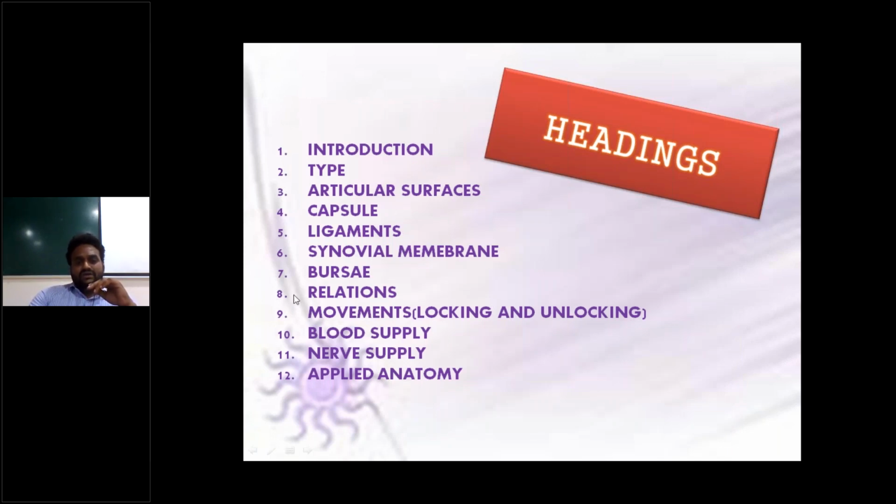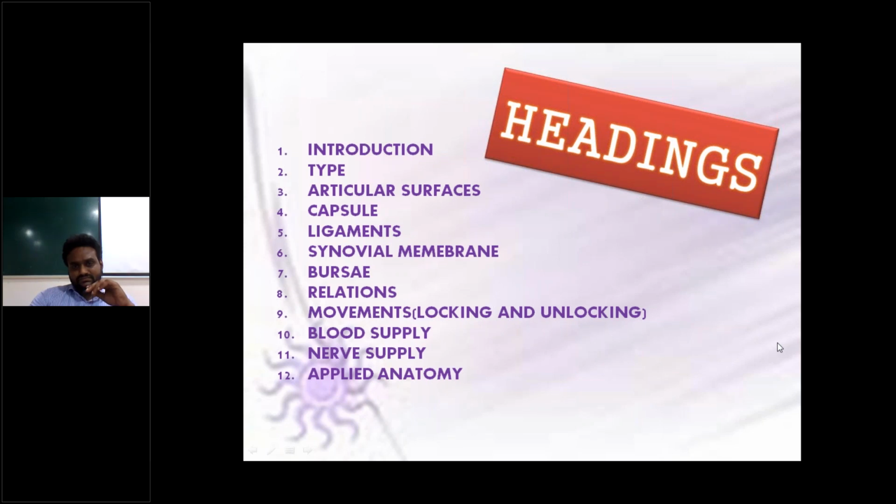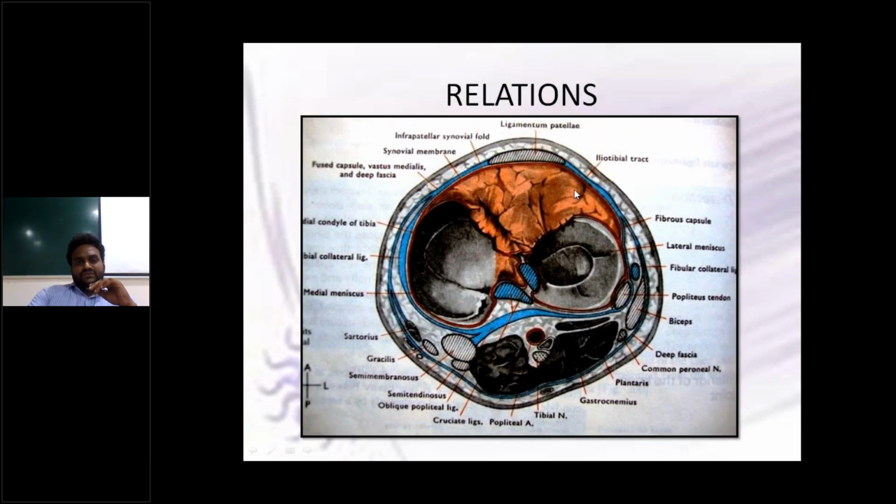Now we come to the 8th one, the relations of the knee joint. In this picture we can see the relations of the knee joint. Relations are very simple. Anteriorly, the knee joint is related to the tendon of quadriceps femoris, patella, and infrapatellar ligament or ligamentum patellae. So only 3 anteriorly.